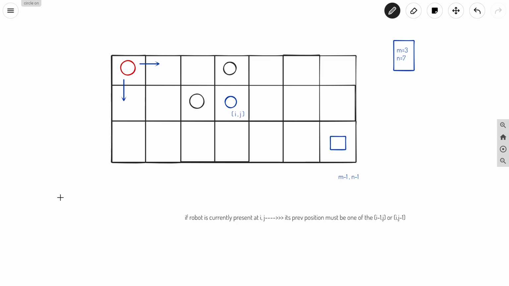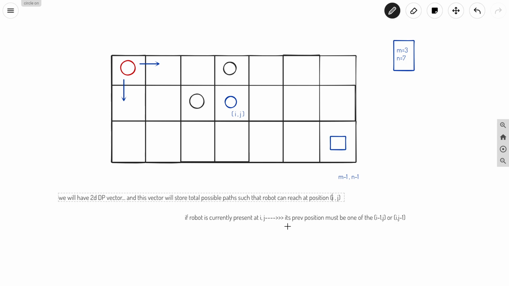For this we will have a dp vector with us, a two-dimensional dp vector, and this vector will store the total possible paths such that the robot can reach position I comma j.